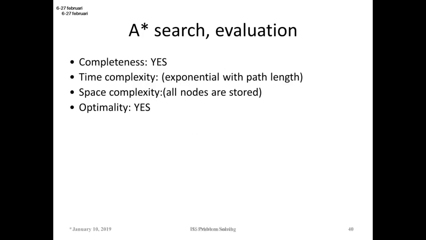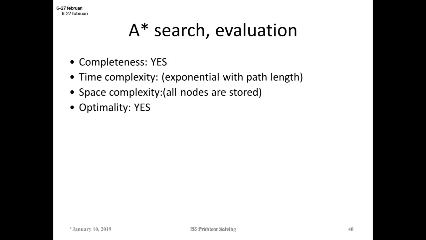So then the properties of the algorithm that we've seen before: it's complete. It is exponential with the path length, and all the nodes have to be stored. So again, this is bad news. But as we've also shown, we don't need to expand the tree as much because we always only take the best ones in memory.